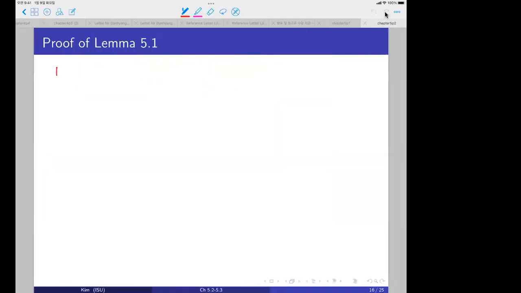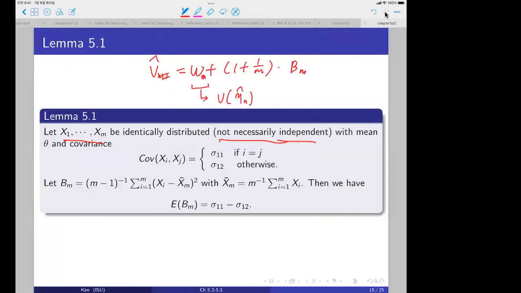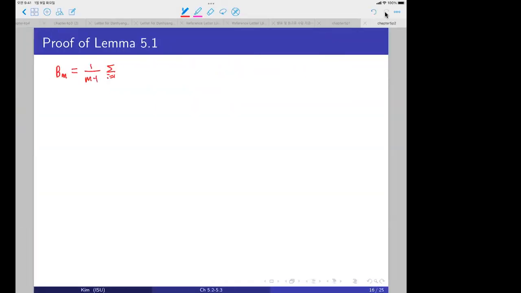So how to prove it? Well, BM is 1 over M minus 1 summation i equal to 1 to M of (xi minus x bar M) square. So there I can, why?